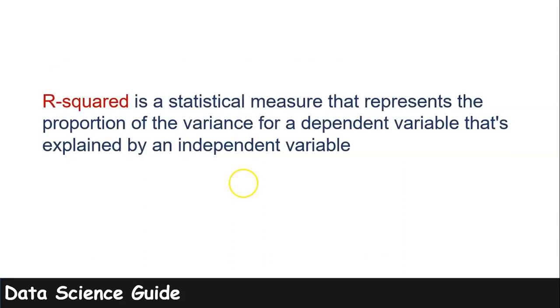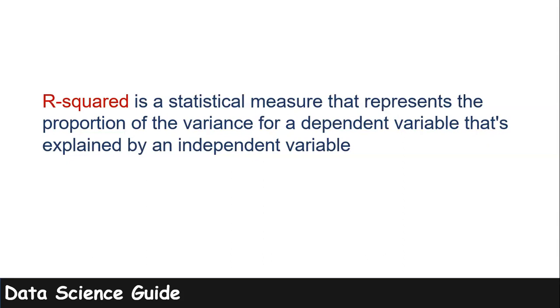It's very simple. R squared only measures the variance in the dependent variable that can be explained by the independent variables. In other words, we said before that independent variables, when they have impact on the dependent variable, a change in these independent variables can change the dependent variable. But the change is not 100%.